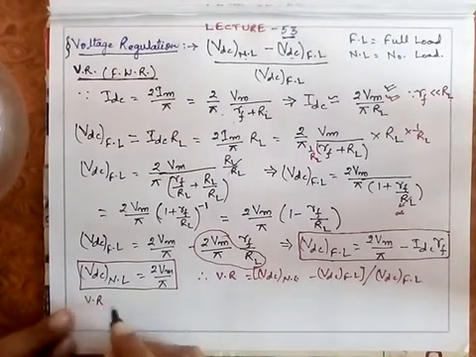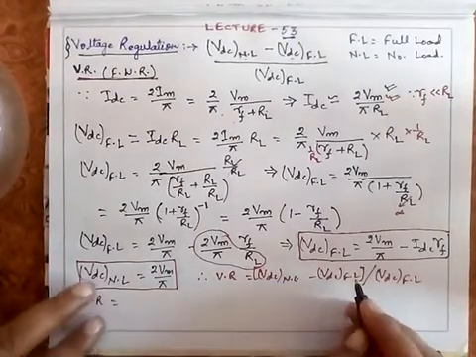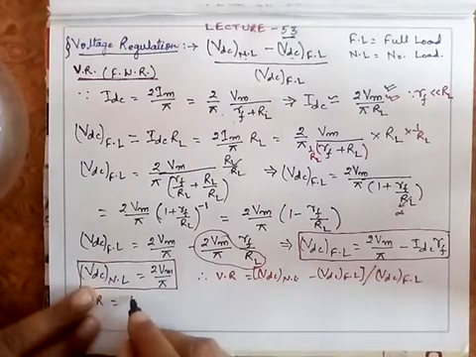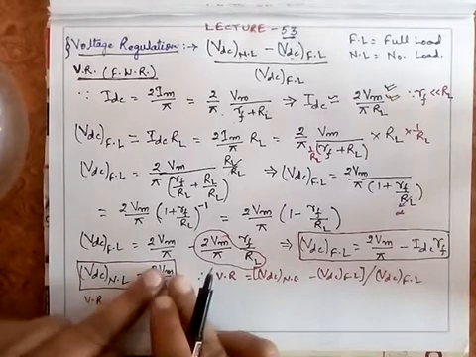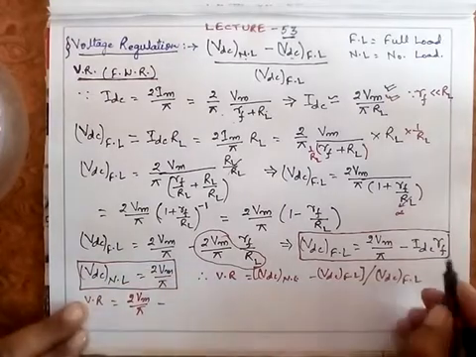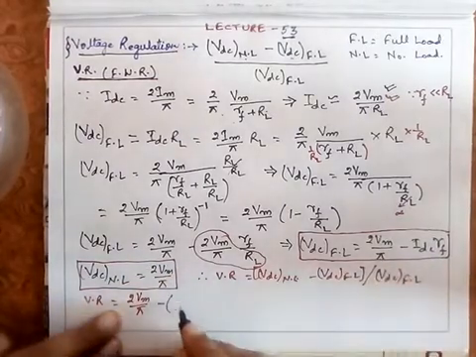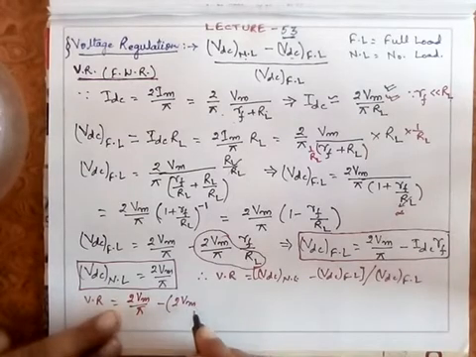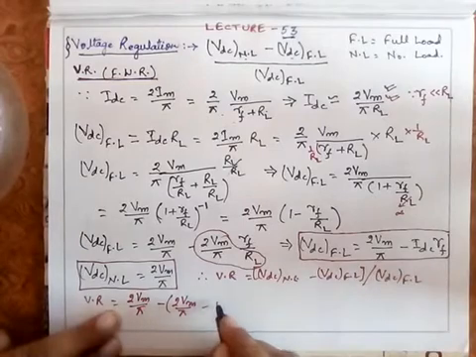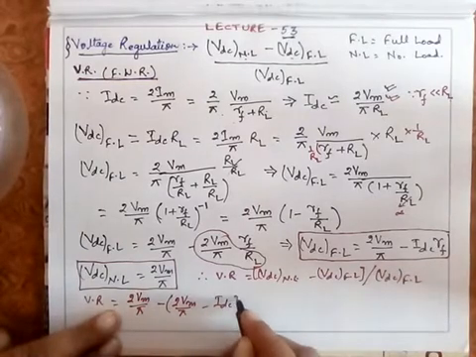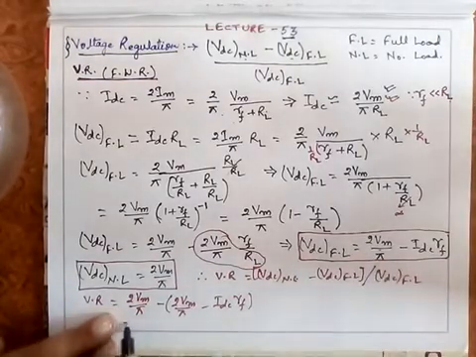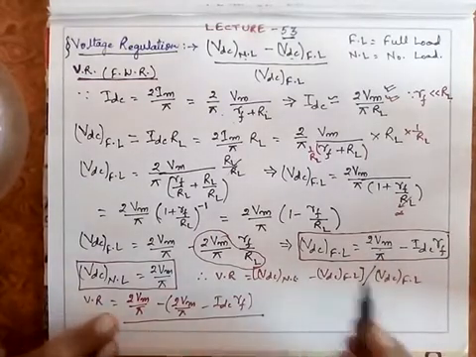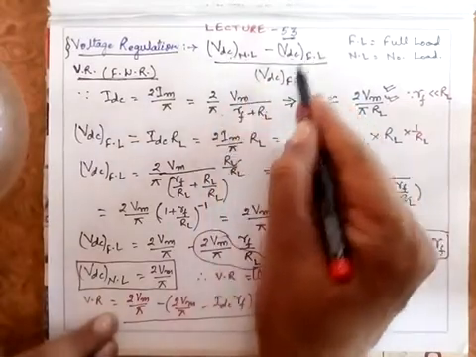VDC at no load is twice Vm by pi, which we've just found, minus VDC at full load, which is twice Vm by pi minus IDC into RF, upon VDC at full load.